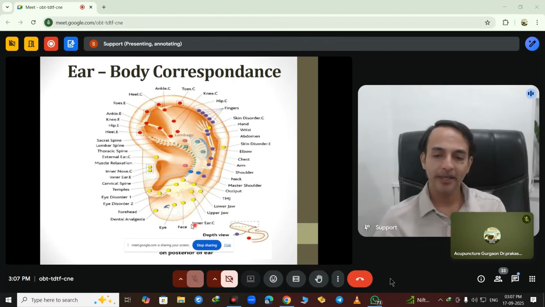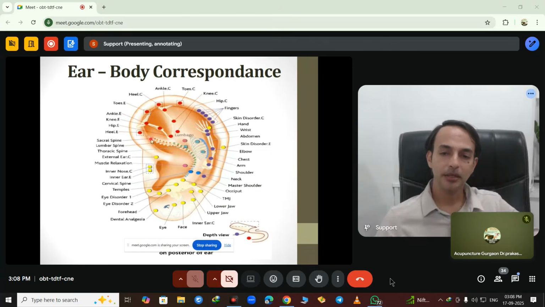So lobe area and just above the lobe area is the face and the skull in the brain. Then this inverted C-shape area is called as antihelix. This is the spinal correspondence. This area is called as Scapha. It is the hand correspondence.